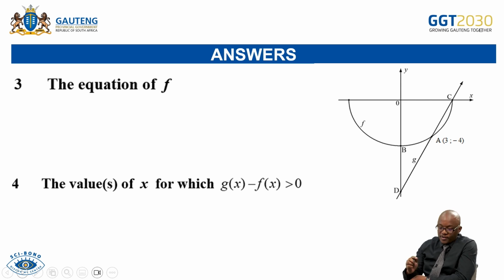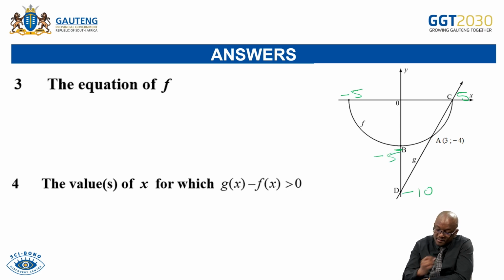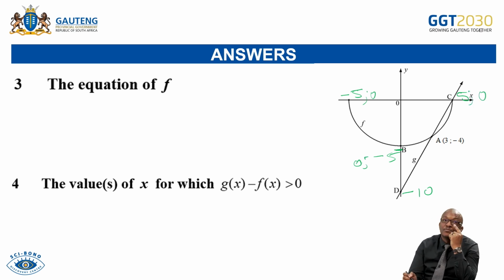The equation of f. Remember we have 5, negative 5, negative 5, negative 10. On that equation, we know that here is 5 and 0, 0 and negative 5, 5 and 0. So we take 1 point because remember, our function was given as follows.